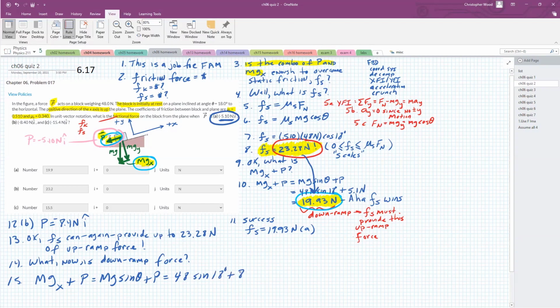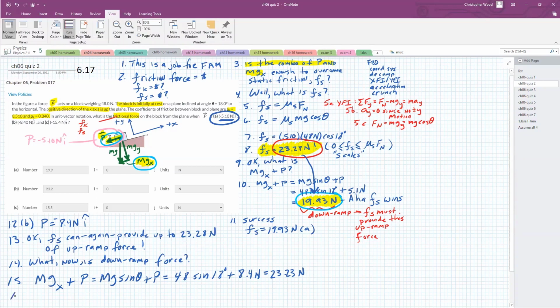P has now grown to be an 8.4 Newton force. So numerically, what I have now is 48 times sine of 18 plus 8.4. Right, so now this is my total downward force, 23.23 newtons.